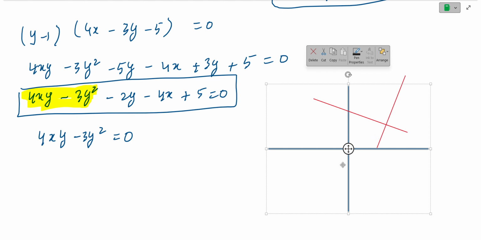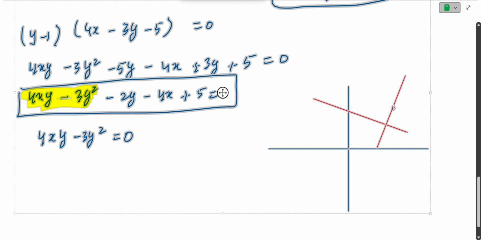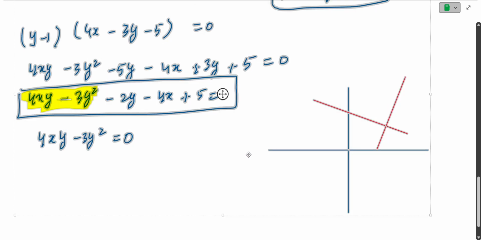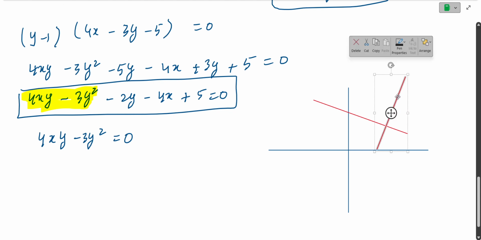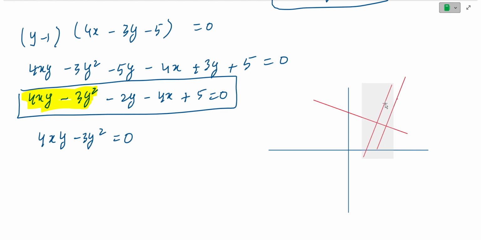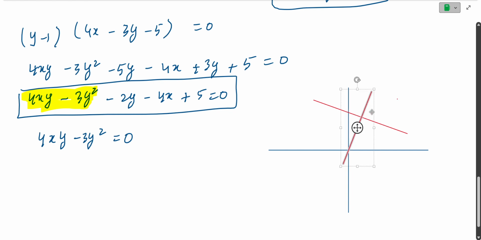What is the meaning of that? If I move this straight line parallelly and make it pass through the origin, and if I move this other straight line parallelly in this way, these are the straight lines I'm going to get passing through the origin.